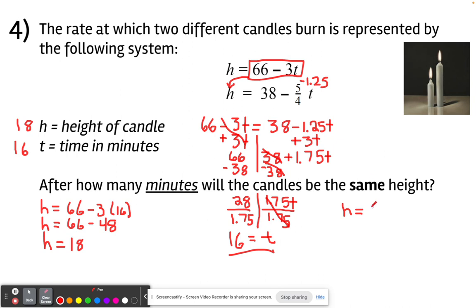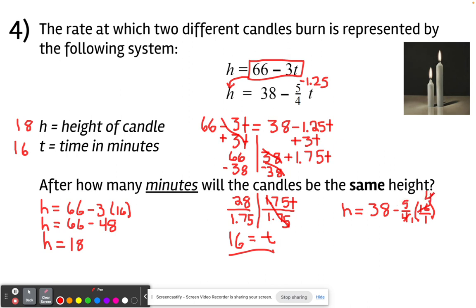16 minutes. I'm going to do 38 minus 5/4 times 16. I'm going to multiply this. Remember, simplify before you multiply. This will become a 1. This will become a 4, dividing both by 4.